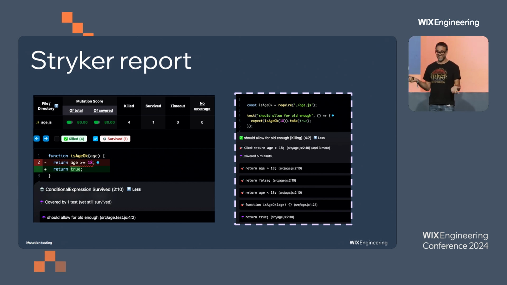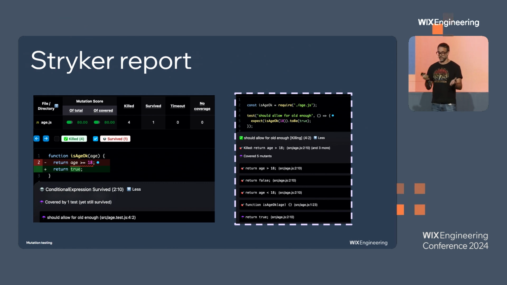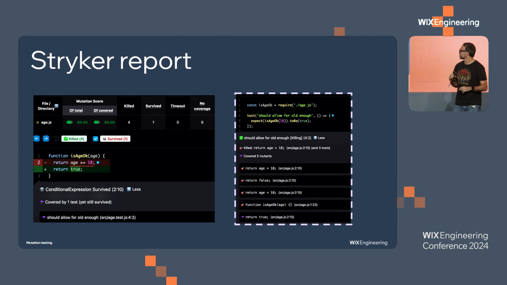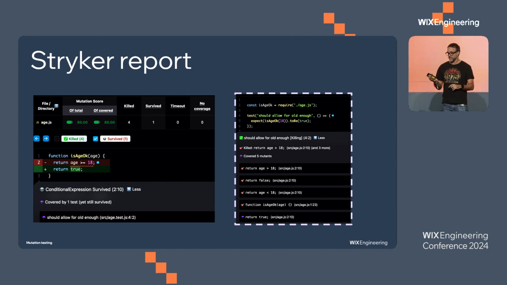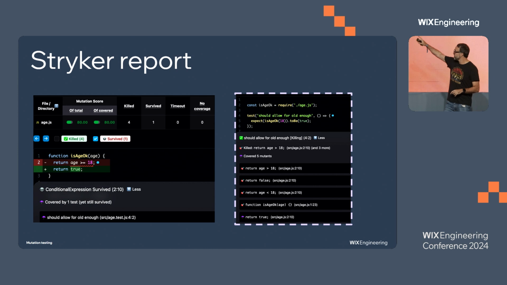So mutation testing with Striker gives us a report in the end. On the right side, we can see a screenshot from the report that Striker made for this mutation. We can see the 5 mutations Striker did.